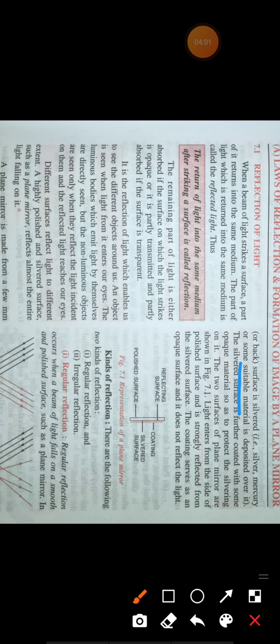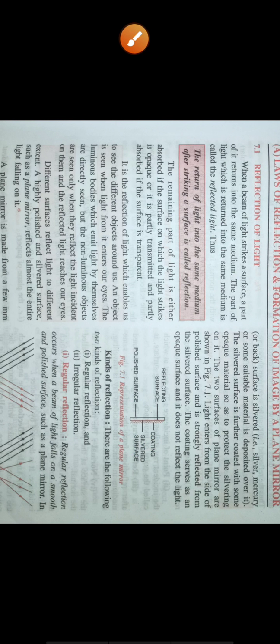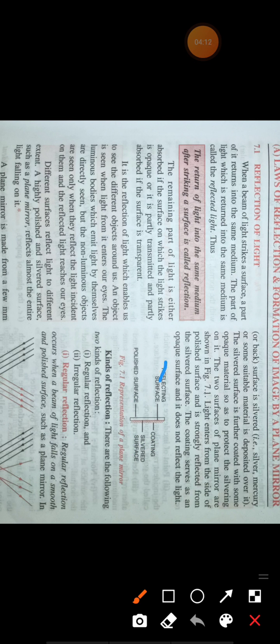So the first surface is polished, and the second surface is coated with silver. That means the light can easily enter the polished surface, but it cannot penetrate the silver coating. So light will reflect from this plane mirror, and in the plane mirror you can see your image clearly. So this is the plane mirror.